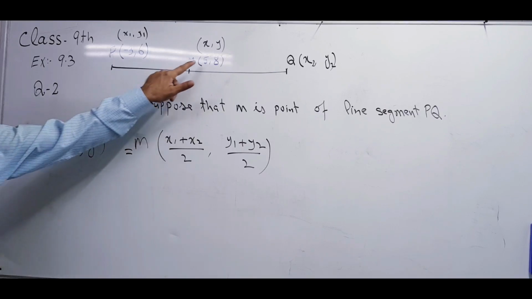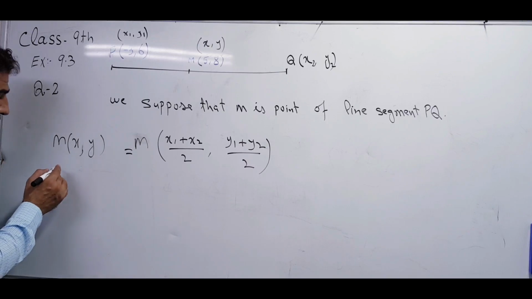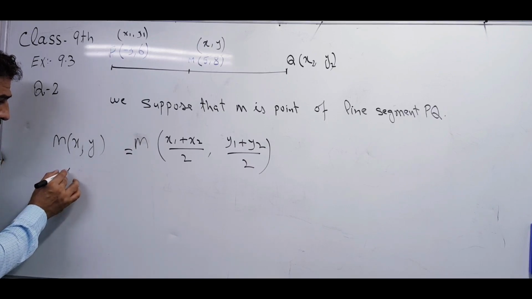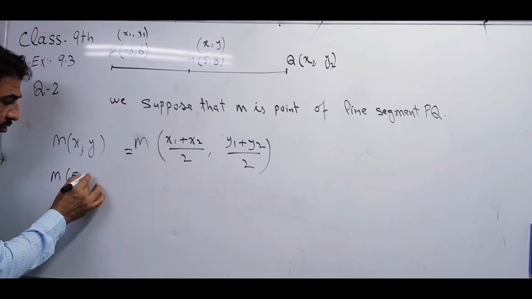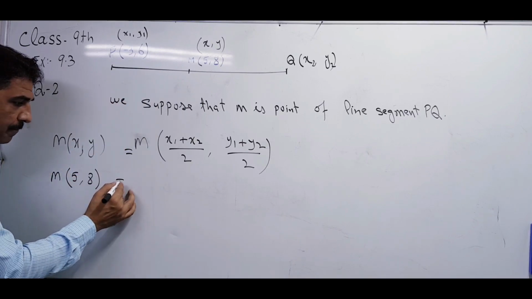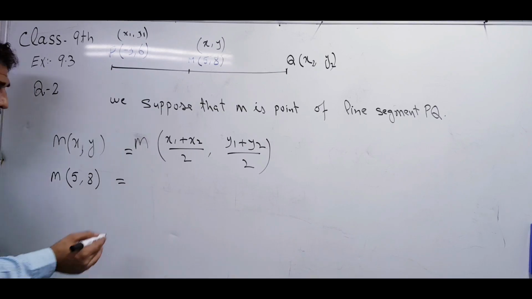So x, y, what is that? 5 comma 8. The value of x, you will write 5. The value of y, you will write 8. Correct?